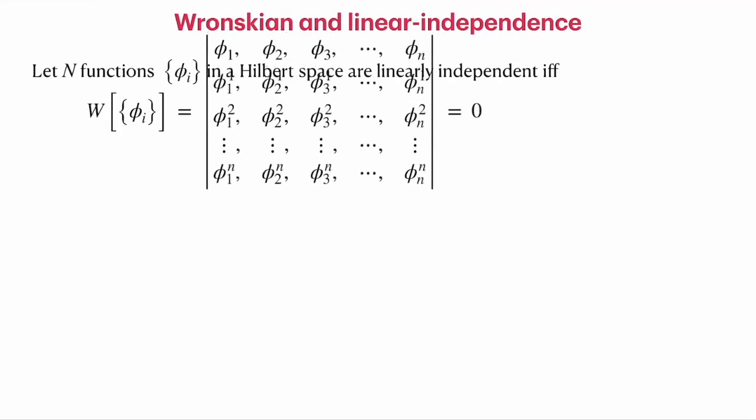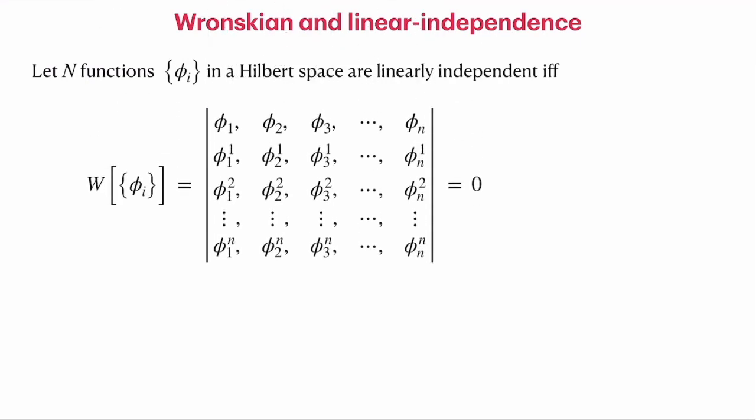They are linearly independent if and only if the Wronskian of these n elements, given as a determinant, with phi 1, phi 2, phi 3, up to phi n as the first row, the second row the first derivative of the whole set of functions, then the second derivative, all the way to the (n minus 1)th derivative of all functions, is non-zero. Here the upper index stands for the derivative with respect to x, and the lower index i stands for its position in the n system.